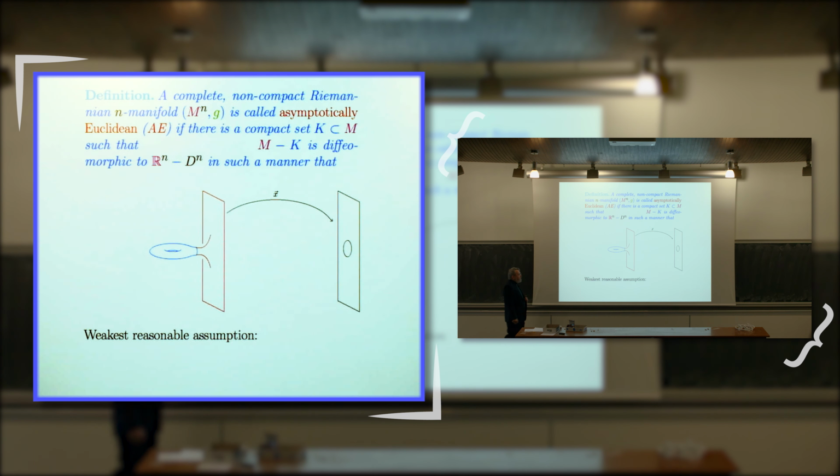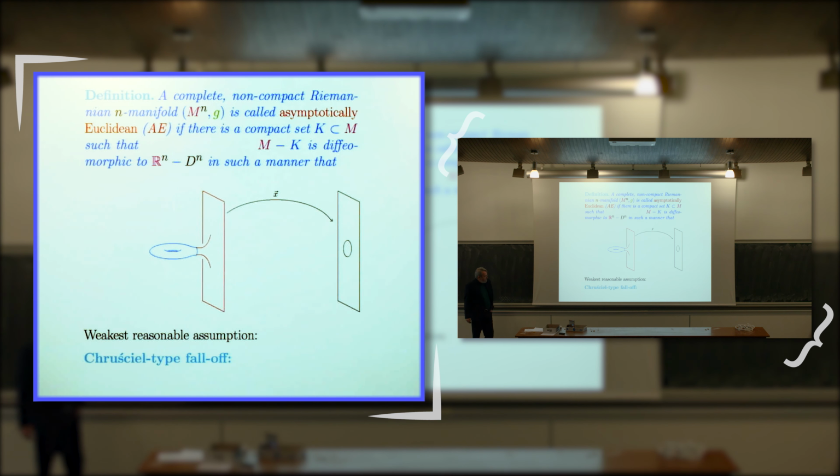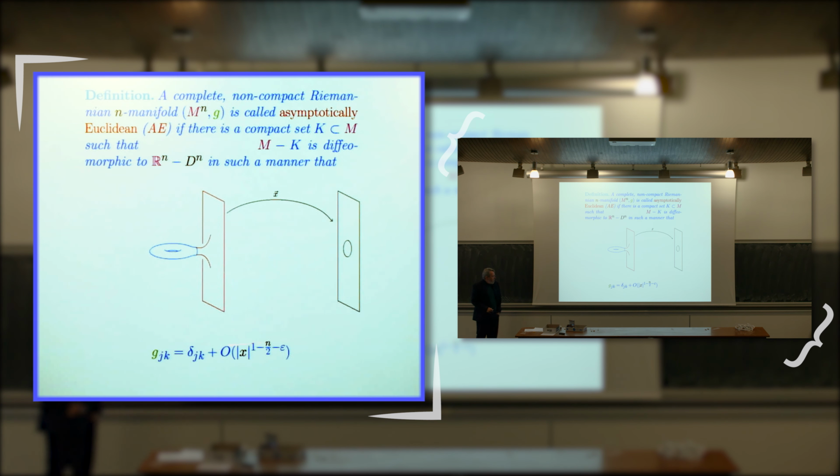The weakest reasonable assumption was discovered by the mathematical physicist Piotr Chruściel, and his assumption is that the metric differs from the Euclidean metric in these coordinates by terms that fall off a little bit faster than 1 over the radius to the half the dimension minus 1.